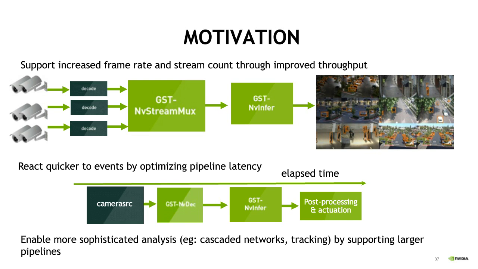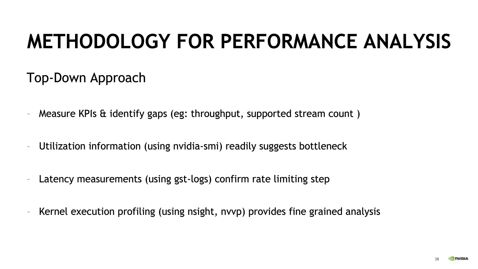Here's an approach we recommend for analyzing performance. First, set the KPIs that are critical to the system and understand any gaps in the expectations compared to the reality. We offer tools like NVIDIA SMI to show utilization of each of the hardware blocks that will help identify bottlenecks, which I showed earlier for the reference application.